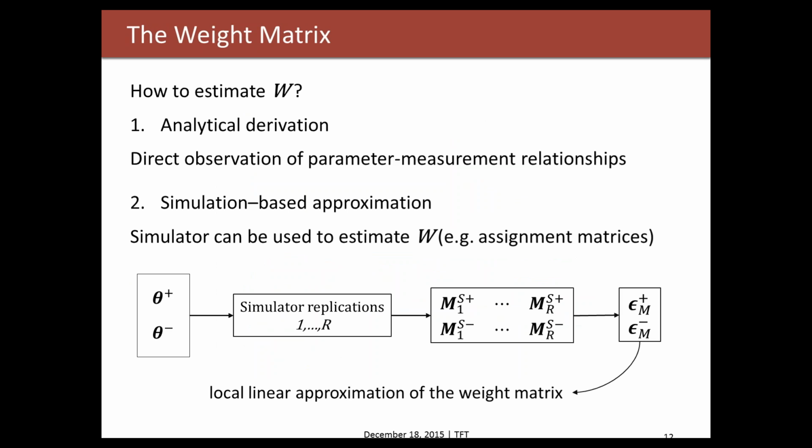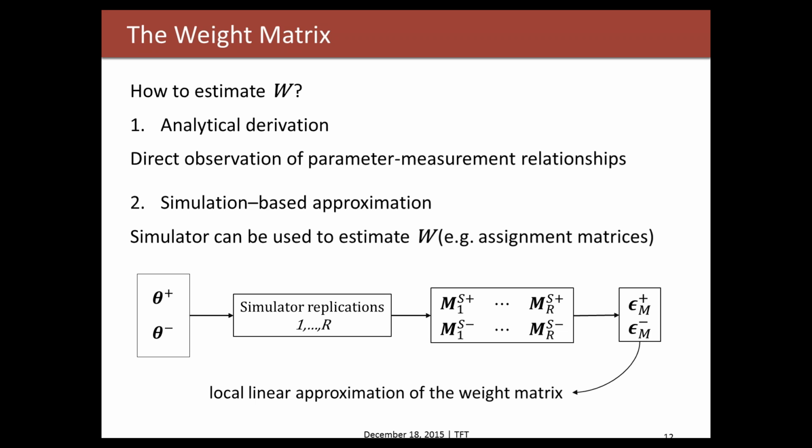Now, how can we, in our problems, estimate this relationship between the measurements and the parameters? We proposed in this paper that we presented at ISTTT five different methods. The first one is the analytical derivation, which is easy to understand but very hard to do.